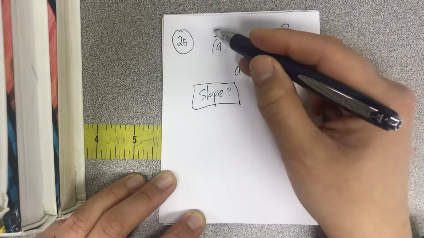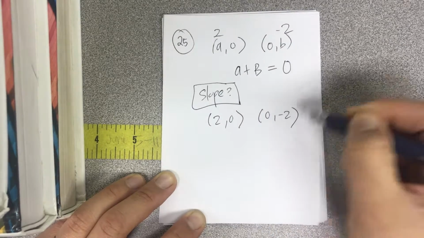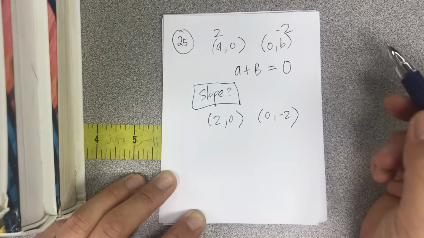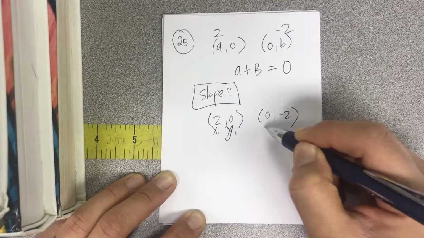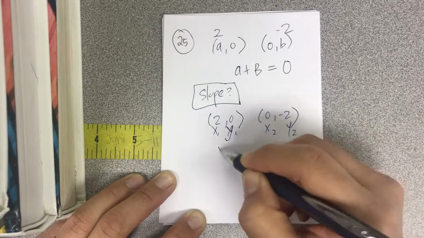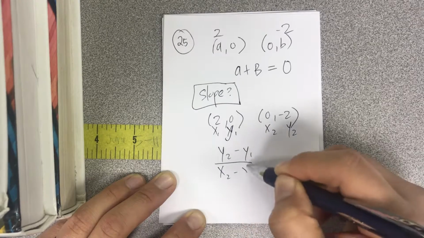Now remember, our points are (2, 0) and (0, -2), because we've plugged those in. The slope formula is y2 minus y1 over x2 minus x1.